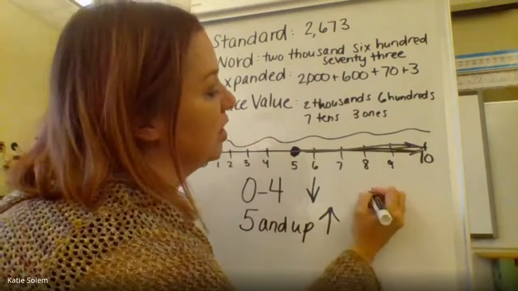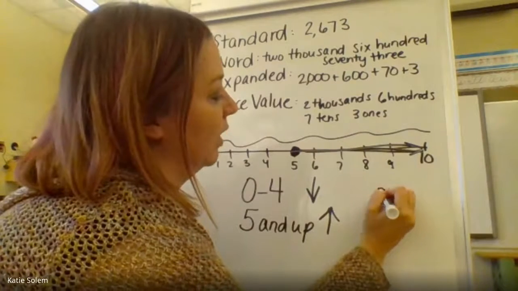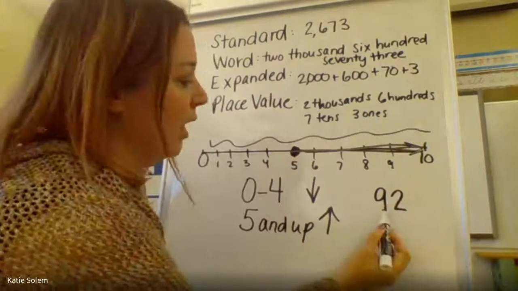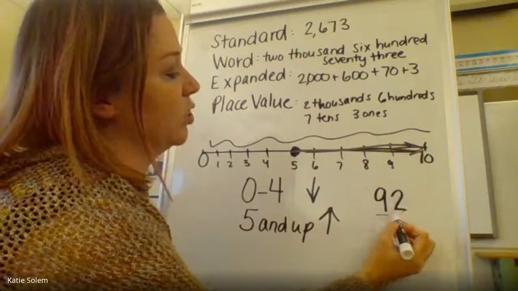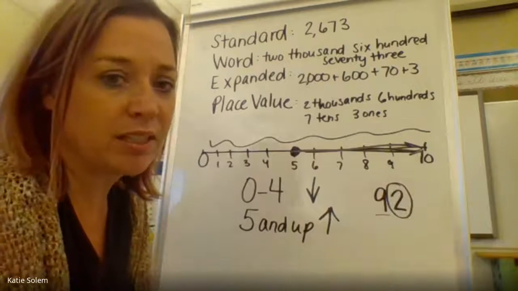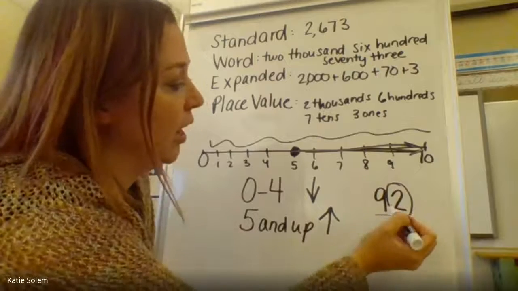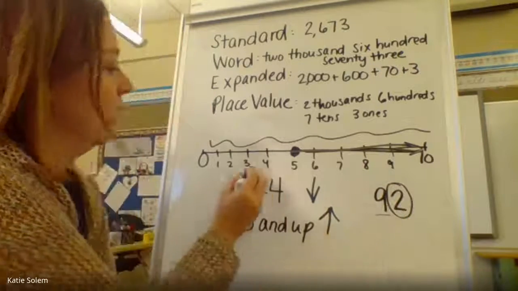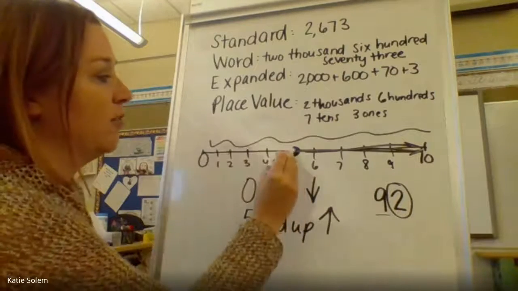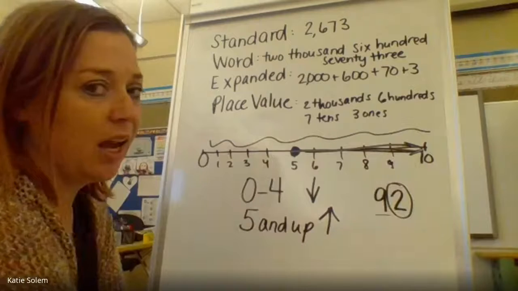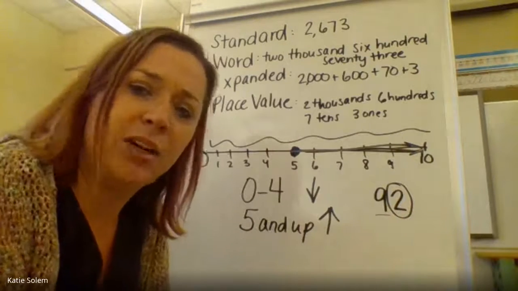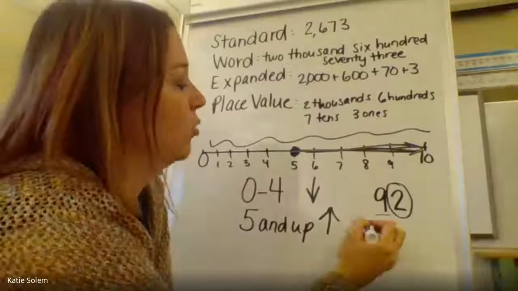So if we were rounding to the nearest 10, and I had the number 92, I'm rounding it to the nearest 10, so I'm going to go right next door to the ones to see, do I round it up to 100 or down to 90? Well, if it's a 2, I round it down. If it's a 5 or up, I round it up. So if I have 92, is that closer to 90 or 100? Well, it's closer to 90.